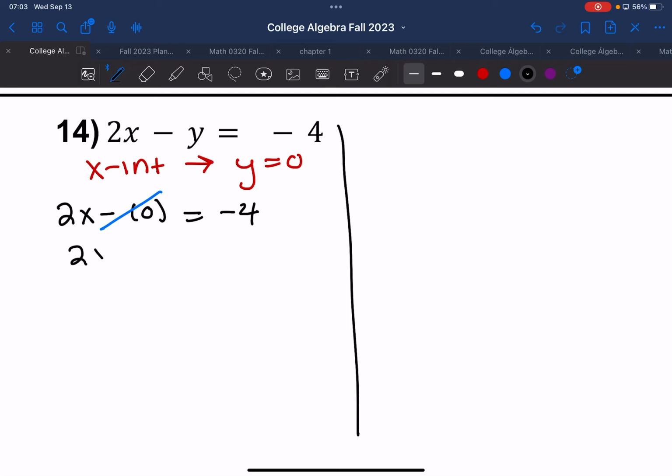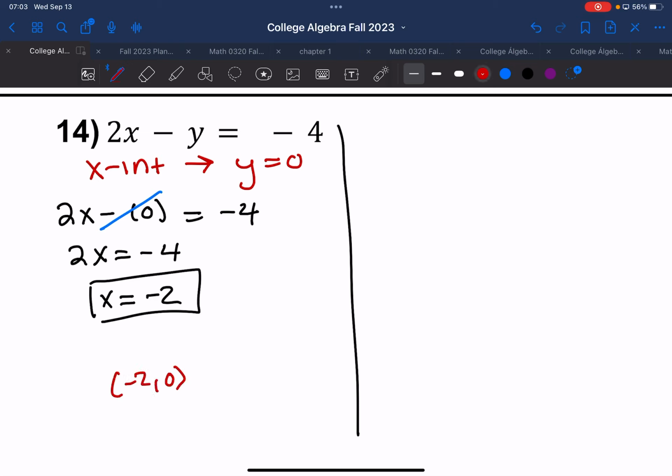So we have 2x equals negative 4, which means our x is equal to what? Negative 2. So that means our answer is (-2, 0).